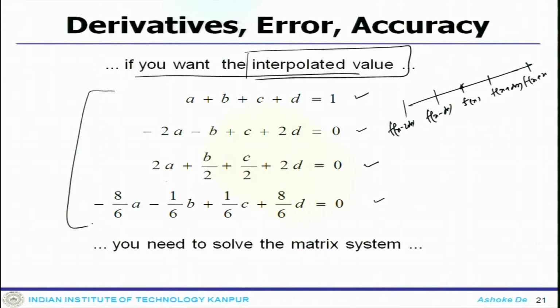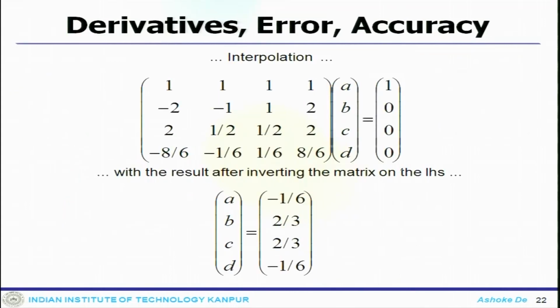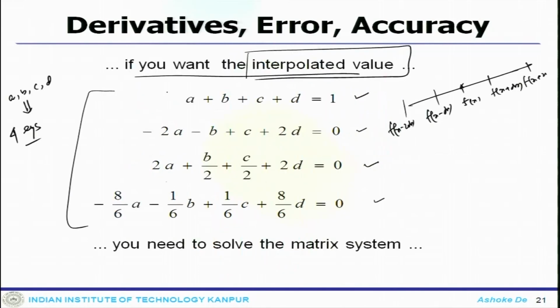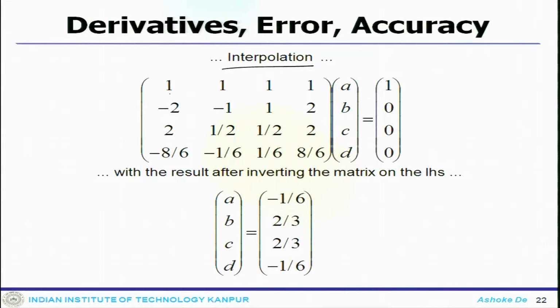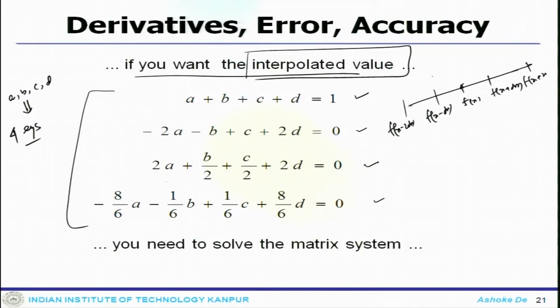Now here, if you look at it, you have a, b, c, d, and you have 4 equations. One can solve algebraically, or one can convert them to a matrix and find the solution. So again for interpolation, if you put them together, a, b, c, d is 1, so the first equation corresponds to the first system.